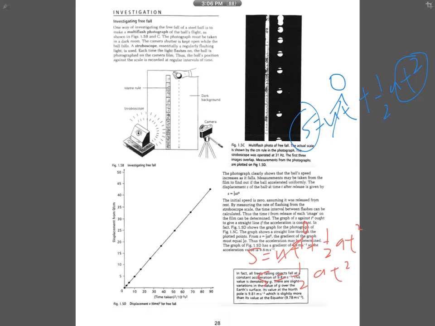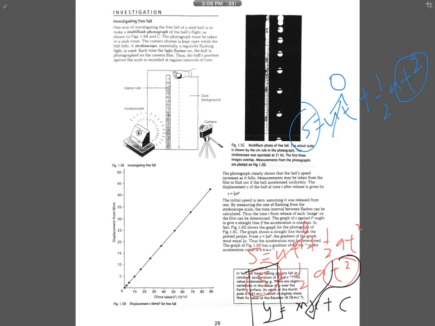Now, if I plot a graph of s versus t², I will get a straight line through the origin. Because if I compare with the equation for a straight line, y = mx + c, my s is my y-axis, and t² is my x-axis.